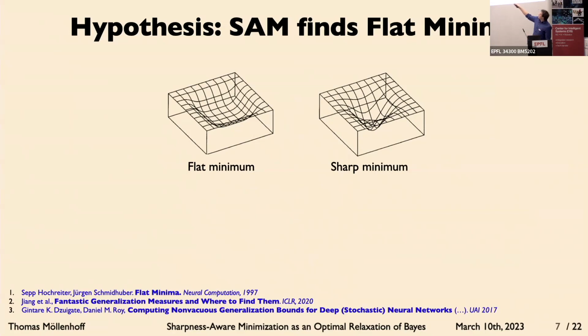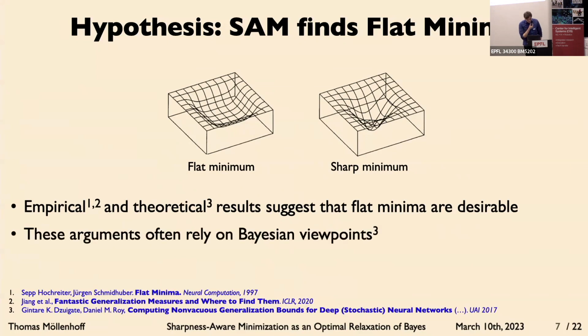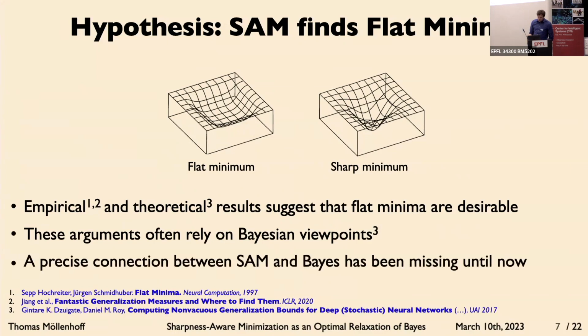So you prefer to sit in the middle of this rather than going to the sharp minimum. There are empirical and theoretical results that suggest that we should try to find these flat minima. Lots of these arguments rely on Bayesian viewpoints, but precise connections between Sharpness-Aware Minimization and Bayes have been missing until now. And our work aims to fill this.